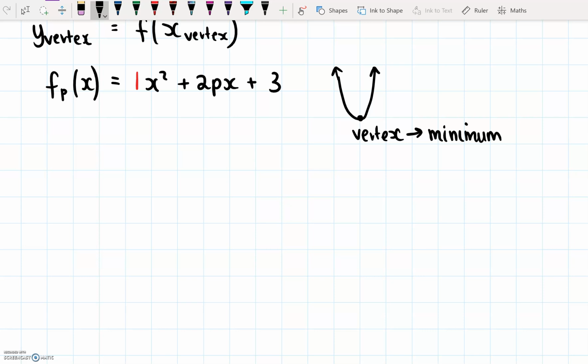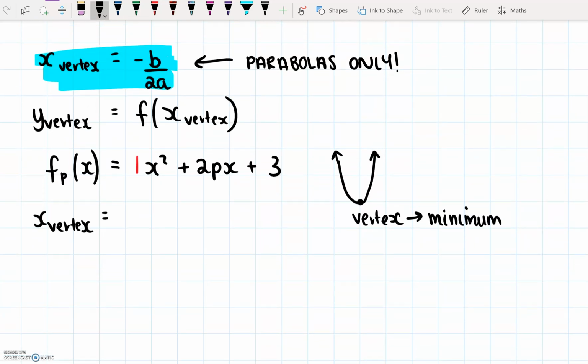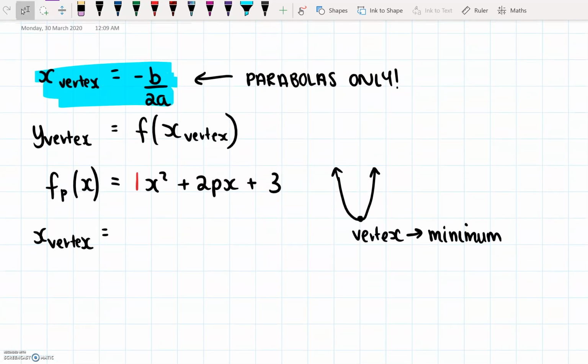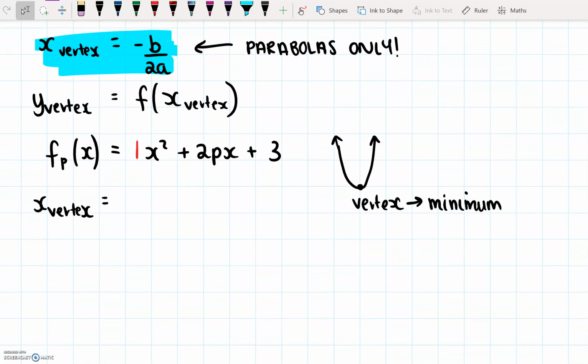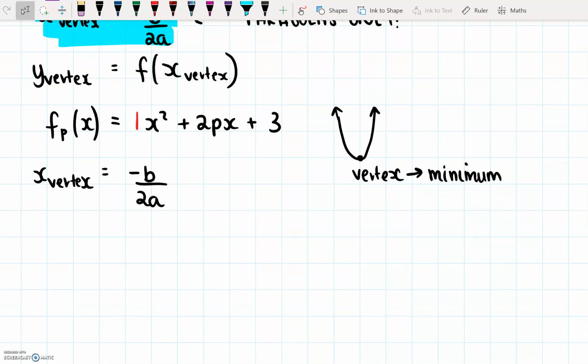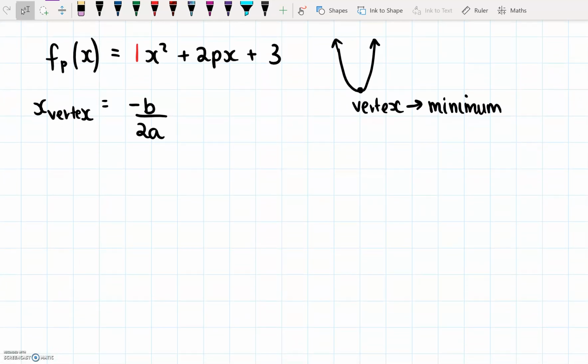Alright, if we want to calculate the x vertex for this function, okay, so again, just up here we mentioned that the x vertex is negative b over 2a. Okay, we're going to start with this. So for this function, negative b means we have minus 2p over 2a. Now a, again, we mentioned at the start that the a was 1.